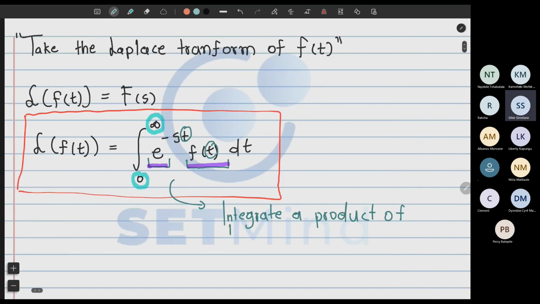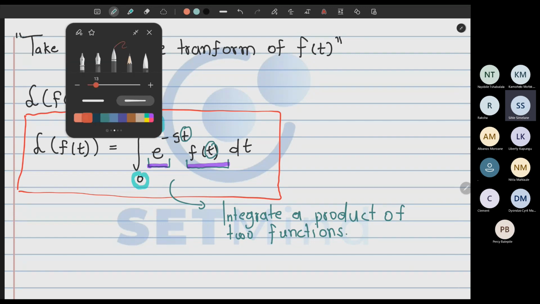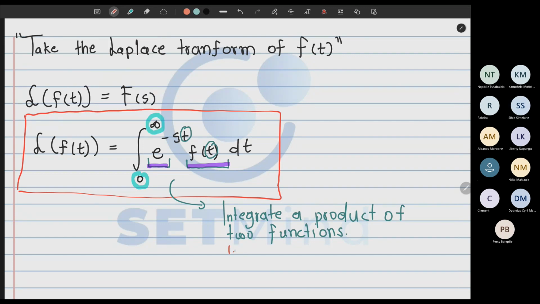What do we do when we integrate a product of two functions? If you remember from first year, if you are integrating a product of two functions, it should ring in your head that you should be familiar with what rule. Anyone?